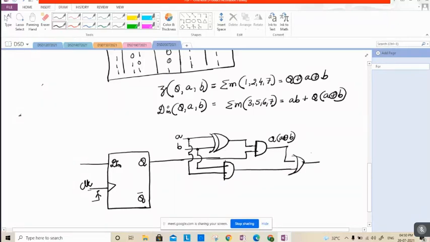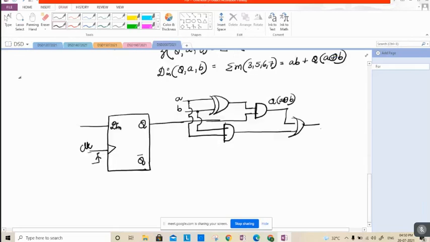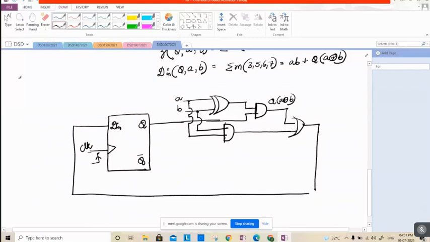What is this? This is to be given for D in. Right.